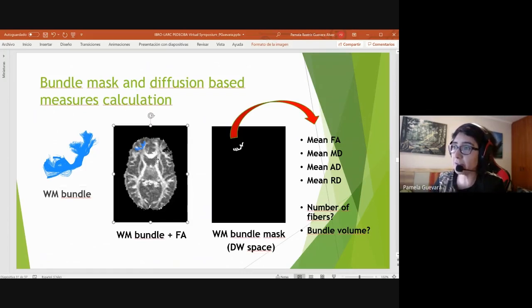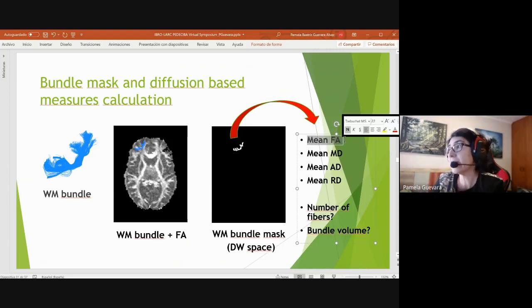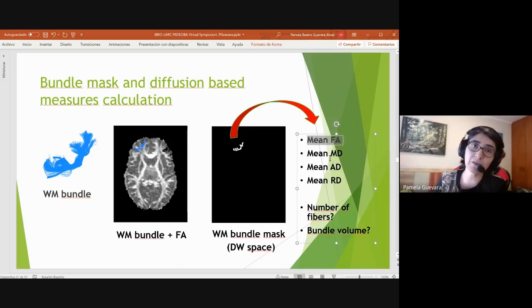Here, for example, is the FA for the whole brain, but you just extract the information inside the bundle, and you can calculate the mean FA or the mean diffusivity, etc. And these indices are informative about this patient, or the disease, etc. Because in several diseases, these measures are different from the healthy control. So that's the way that normally this information is used.